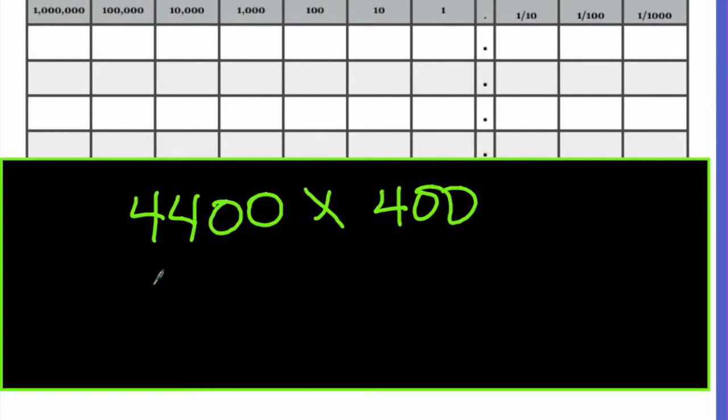So I'm going to start with 44. Well, I have 2 zeros. So I'm going to come up to my place value chart, and on your place value chart, you should be doing this. I'm going to add 2 zeros and a lightsaber.